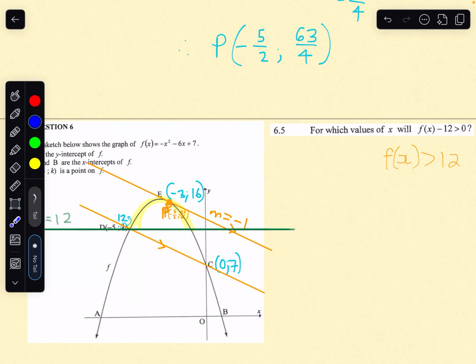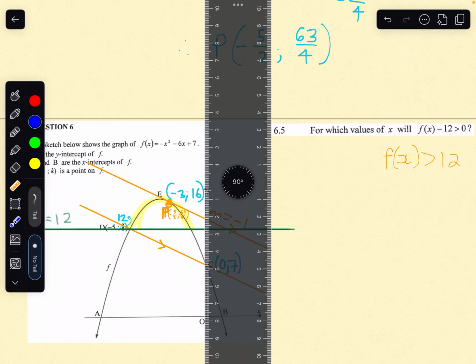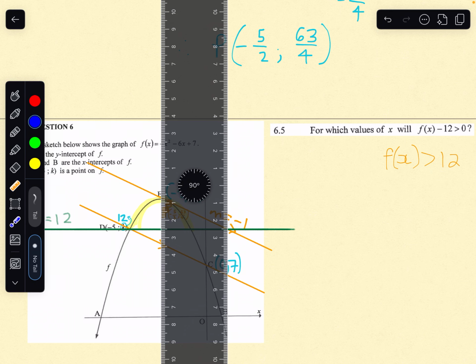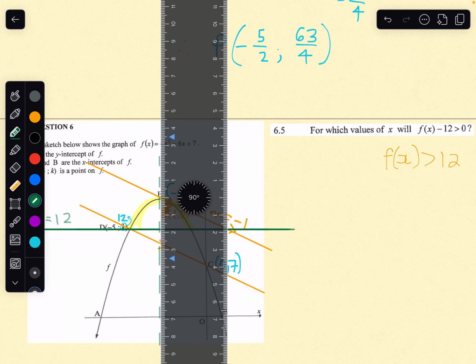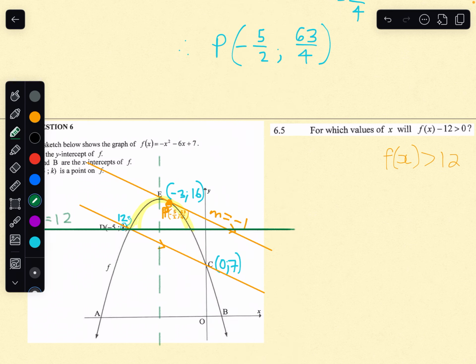Again, a couple of ways that you can solve this. The easiest way, I think, is to think about the symmetry of the parabola. So we know that the turning point of the parabola happens here. So if we were to draw the axis of symmetry, that is the line x is equal to minus 3.